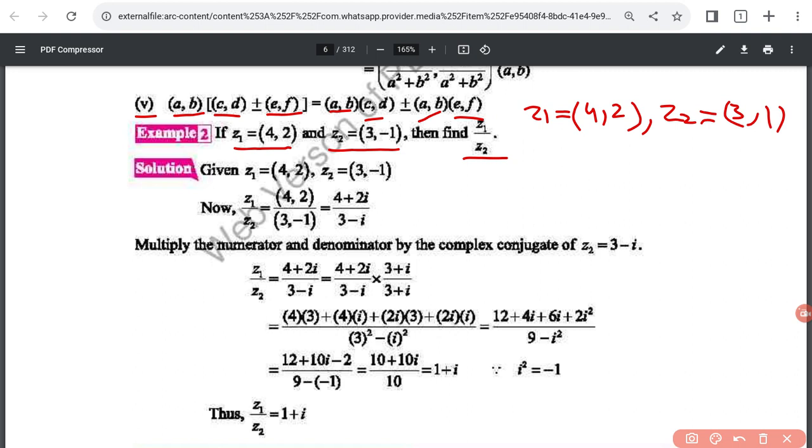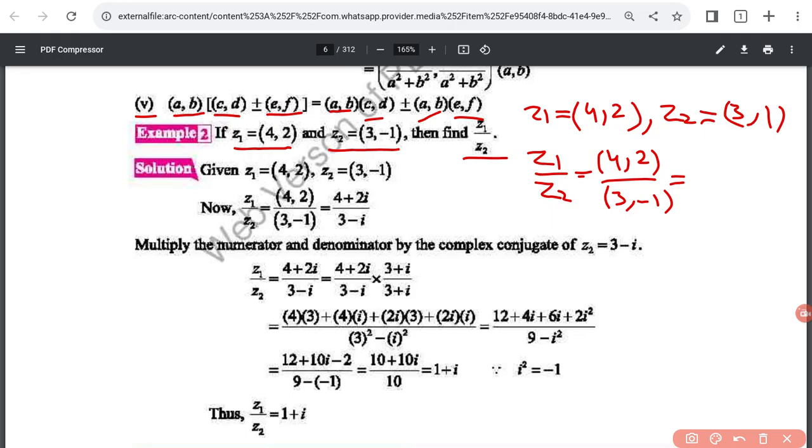Okay, then we have to find z1 over z2. So that is equal to (4, 2) over (3, -1).